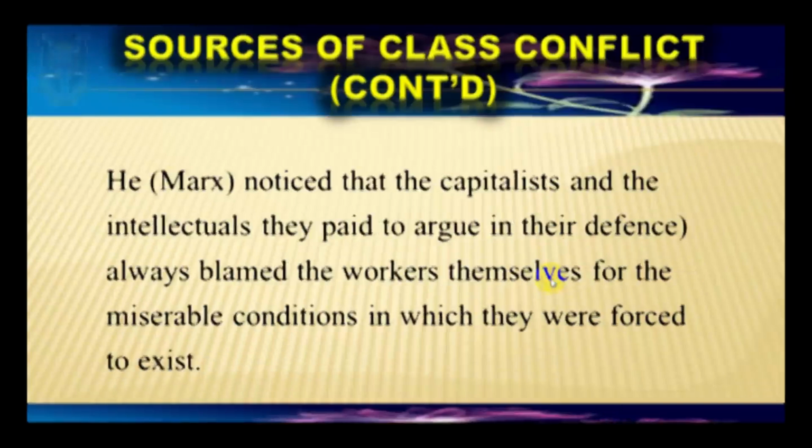3. Marx noticed that the capitalists and the intellectuals they paid to argue in their defense always blamed the workers themselves for the miserable conditions in which they were forced to exist.